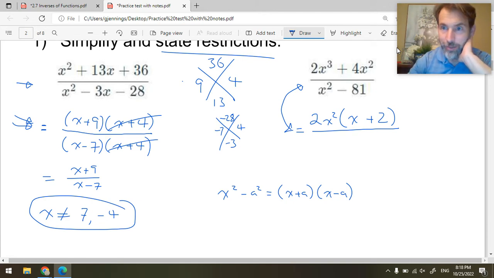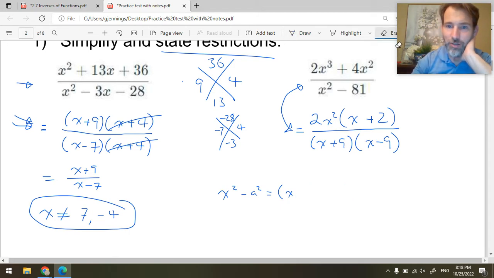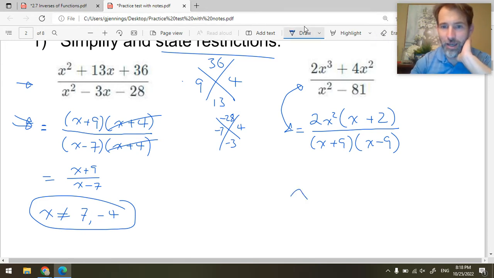And x squared is x squared. So here we go: x plus 9 times x minus 9. That's fully simplified. The only other thing left to do is state the restrictions. So x is not equal to negative 9 or positive 9.